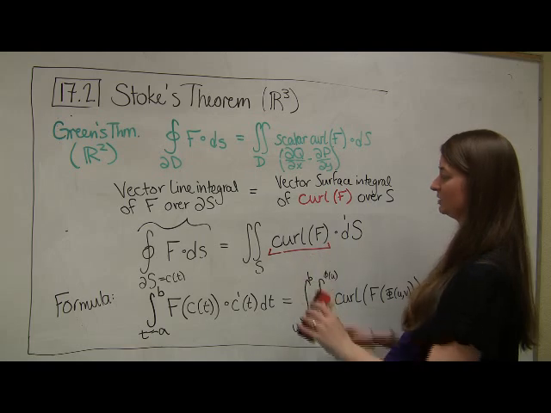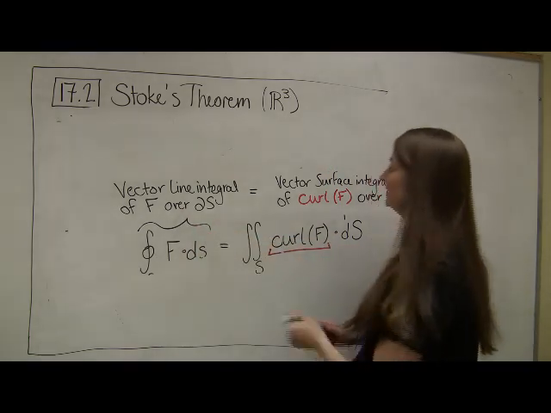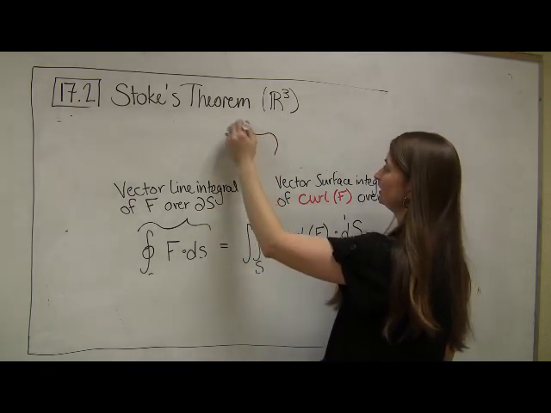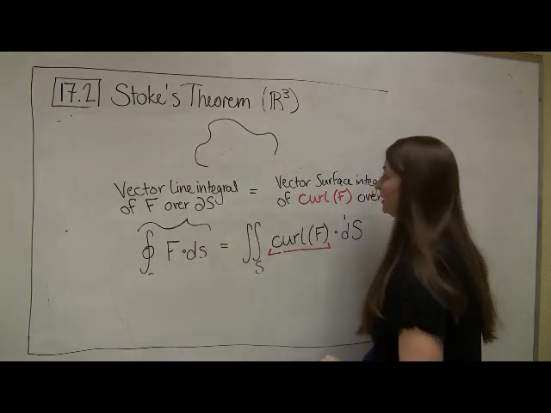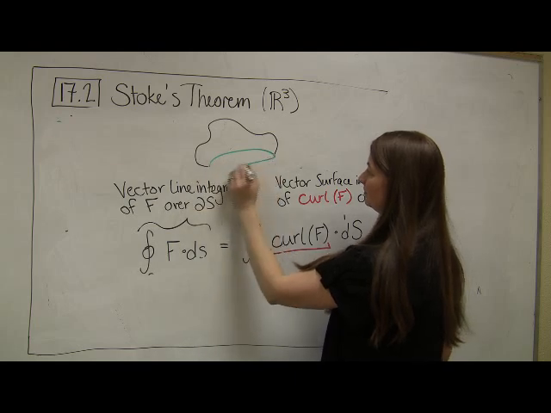I'll do one quick picture. Essentially my picture is telling me, let's say that I have some surface. This is going to be a weird surface, and the boundary I'll draw in green. It's going to have this open boundary down here at the bottom.